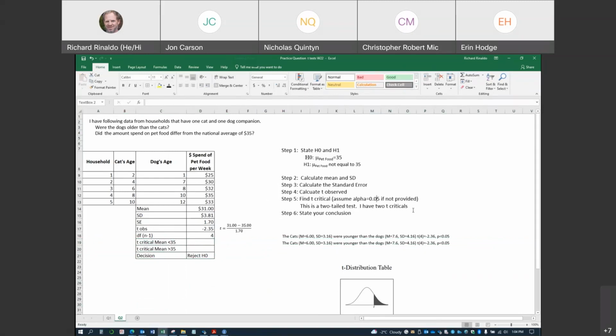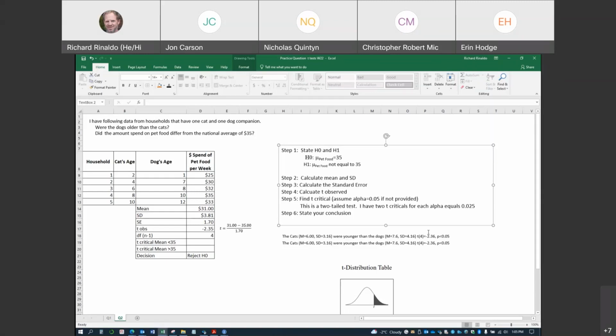It's a t-test, so there are 2 T criticals, each with alpha equal to 0.025, right? Because I have to split the alpha in half. I have an H1 for mu less than 35, and an H1 for mu greater than 35, as we discussed last week. So I actually have two T criticals.